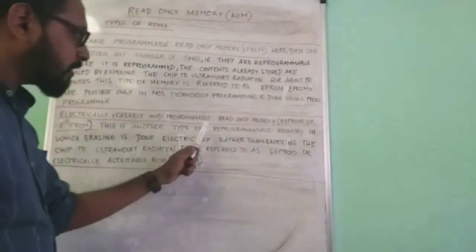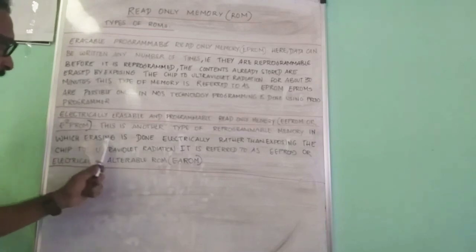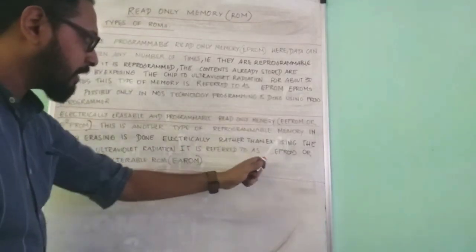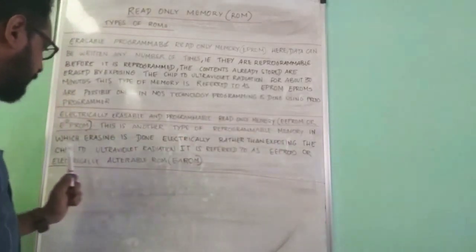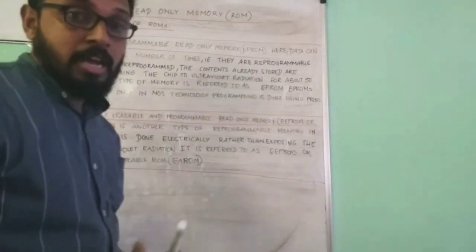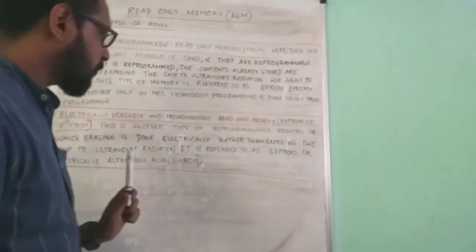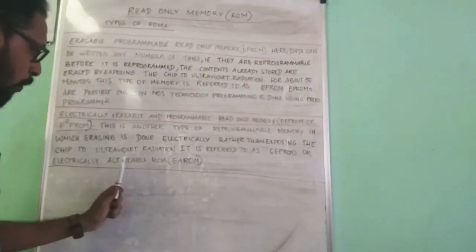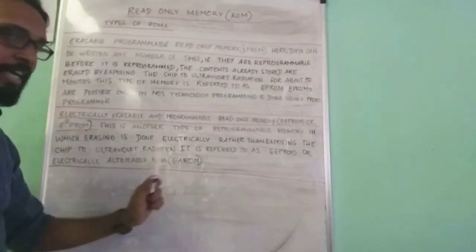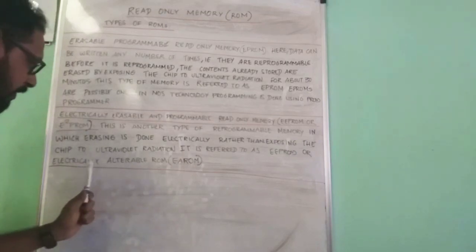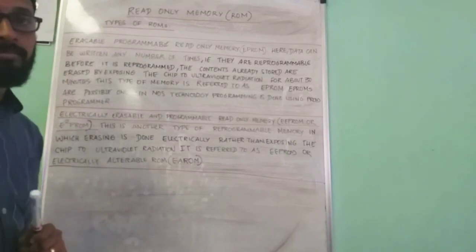This is another type of reprogrammable memory in which erasing is done electrically rather than exposing the chip to ultraviolet radiation. It is also referred to as EEPROM, or electrically alterable ROM, EAROM. Electrically alterable ROM, EAROM. Please go through.